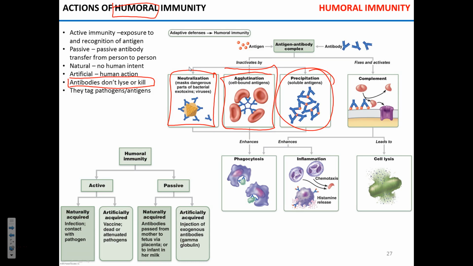Anyone ever been bitten by a venomous snake? Good. Seriously, good. But if you ever get bitten by a venomous snake, if you make it to the hospital, they're going to give you antivenin, which is a drug. It's not just a drug. It's produced by horses.